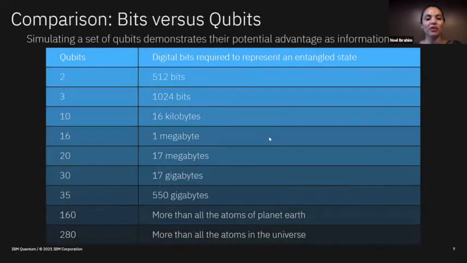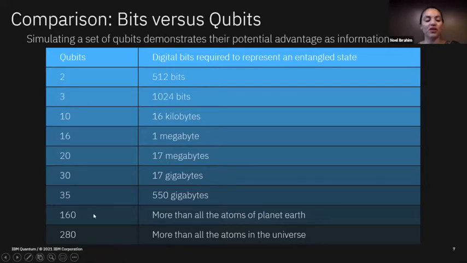Now, here's a little bit of information about entanglement, and just to illustrate how difficult it is for classical systems to actually simulate quantum systems. So the amount of information that is contained in 2 qubits requires 512 bits, assuming 64-bit precision, in order to describe it. 3 qubits requires 1024 classical bits.